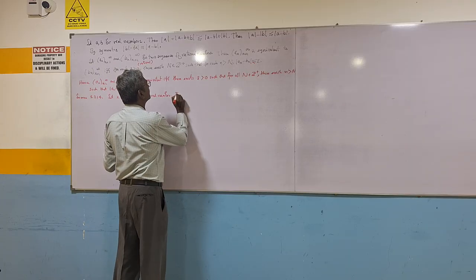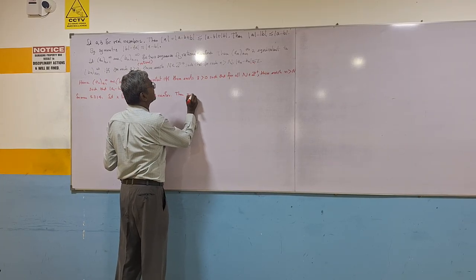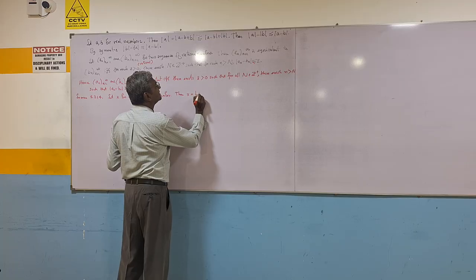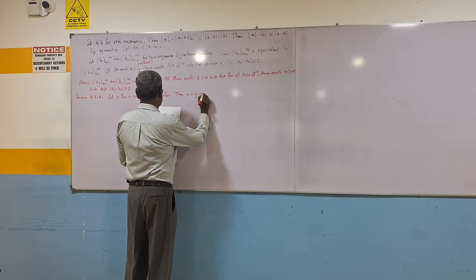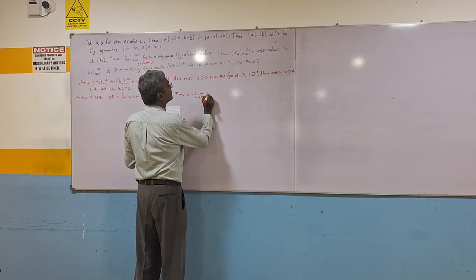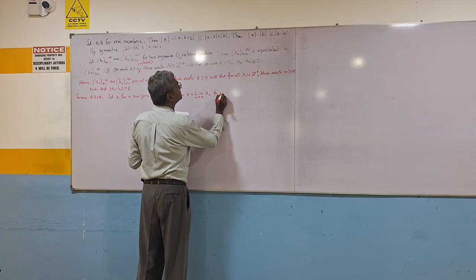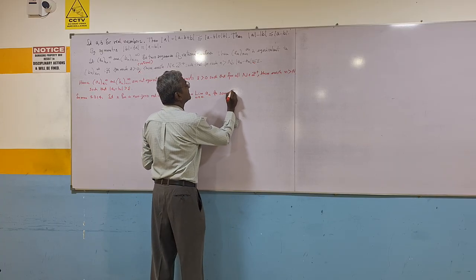Then x is equal to some formal limit. If you have read it, you have seen this thing. Limit a_n for some Cauchy sequence.